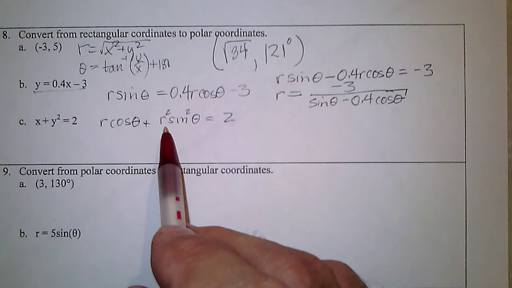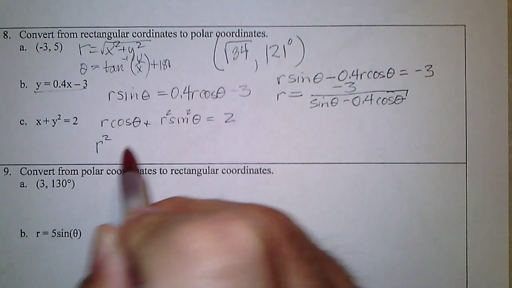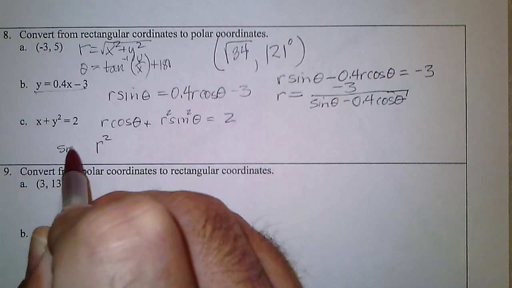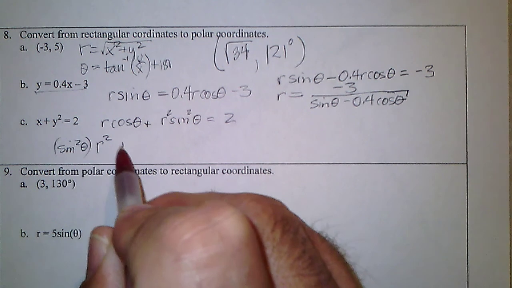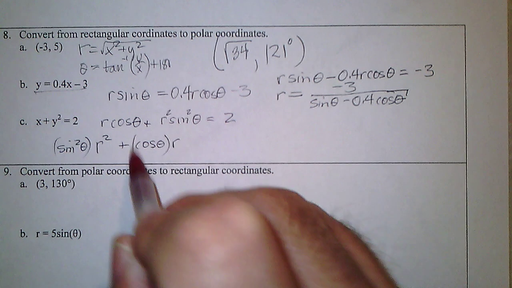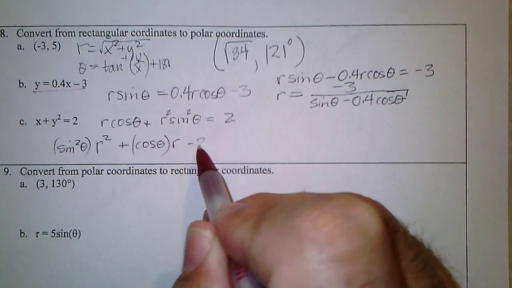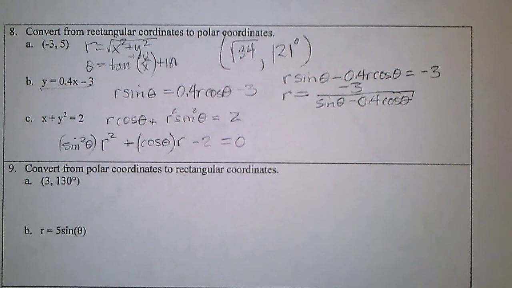If you wanted to solve for r in this, you would have r squared with a coefficient of sine squared theta plus a coefficient of cosine theta times r minus 2 equals 0, and then plug this into the quadratic formula.